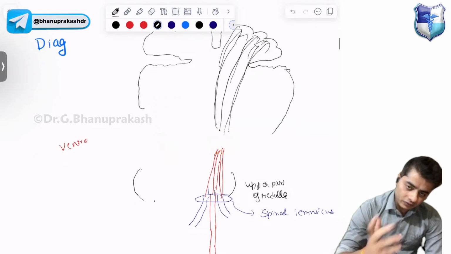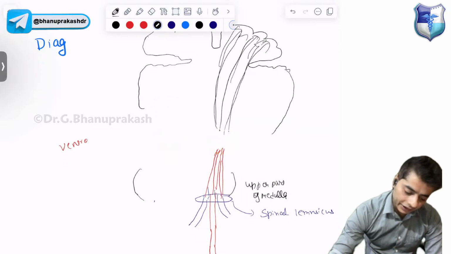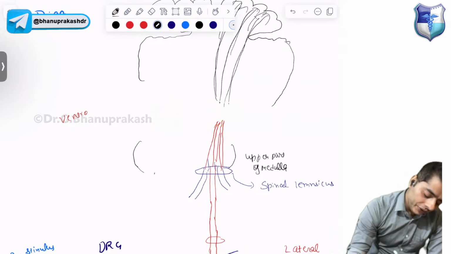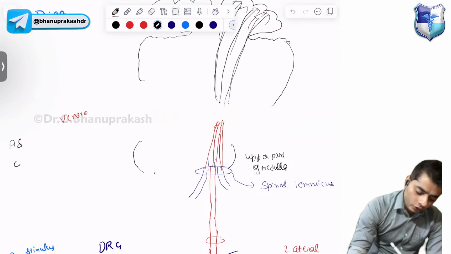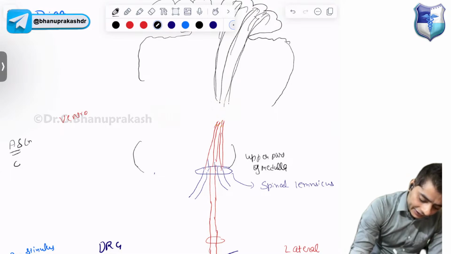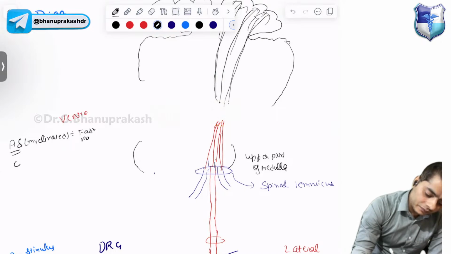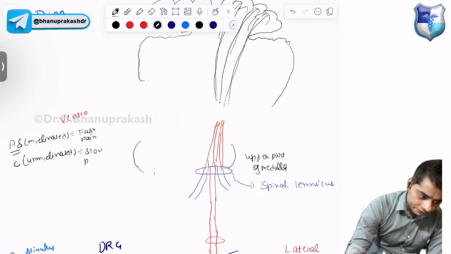Now, there is one more interesting thing happening right now. I've told you previously that there are two kinds of fiber, A delta and C. Now, A delta is myelinated, that's why it carries fast pain. And C fiber is unmyelinated. It carries slow pain.